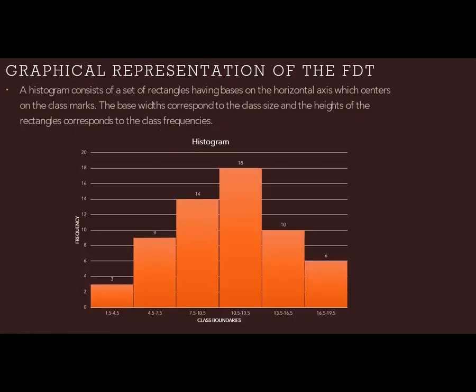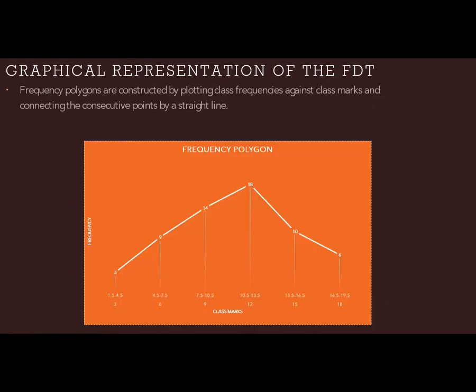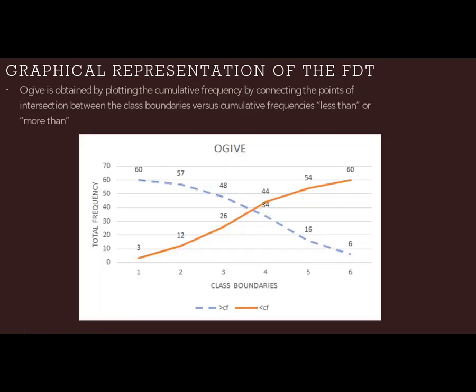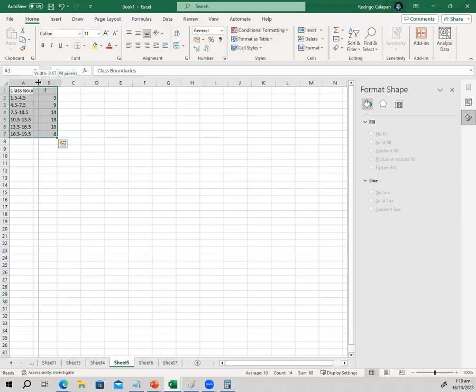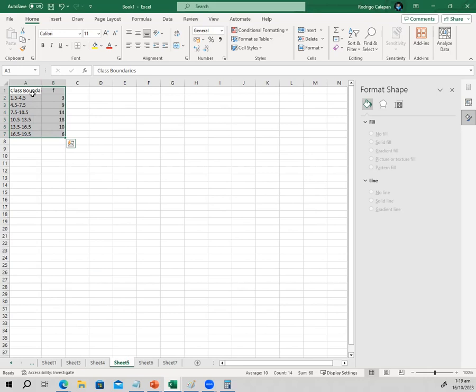Okay, so the first thing that we're going to do in Excel is to make a histogram for the class boundaries and the frequency, then the frequency polygon, and the ogive between the more than cumulative frequency versus the less than cumulative frequency. So this would be the first, the class boundary and the frequency.